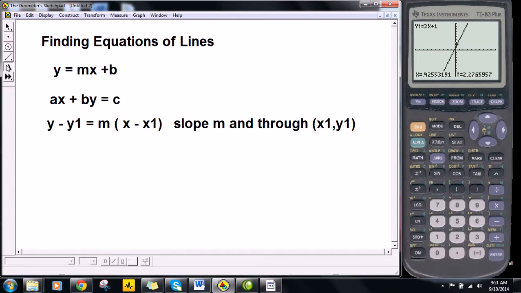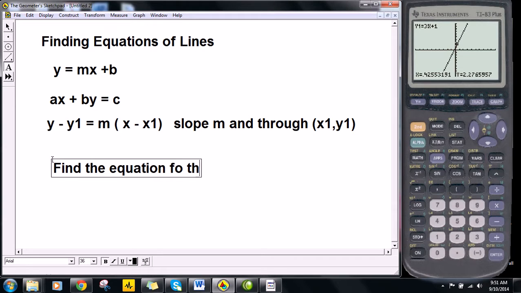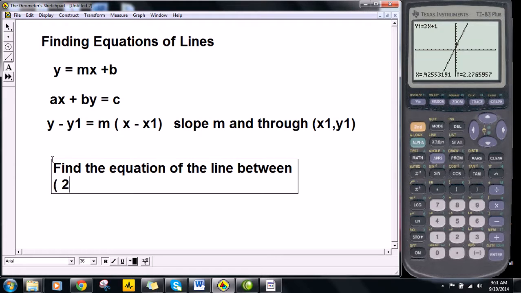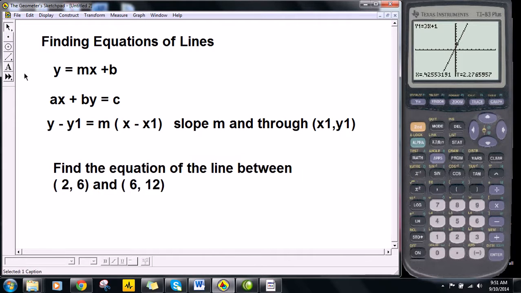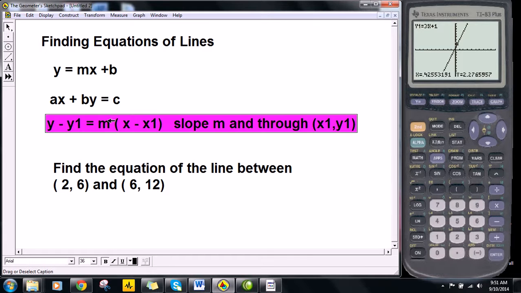So let's consider this example. Let's try to find the equation of the line between these 2 points. Let's say, I don't know, (2, 6), and let's make it nice and easy, (6, 12). And so what I'm going to do is use this point-slope form, which requires 2 things.